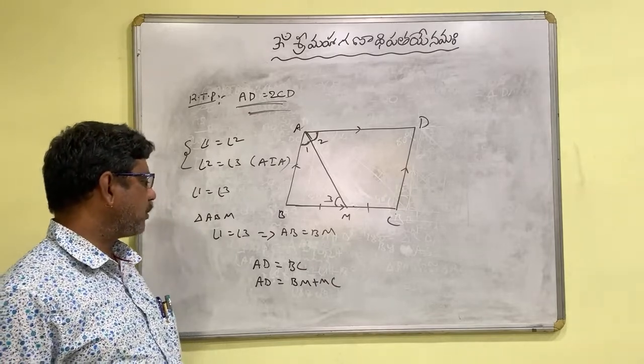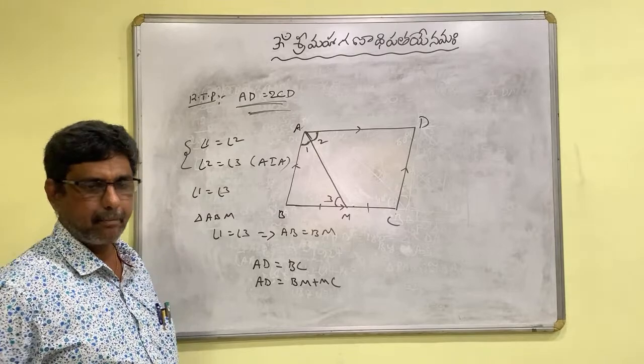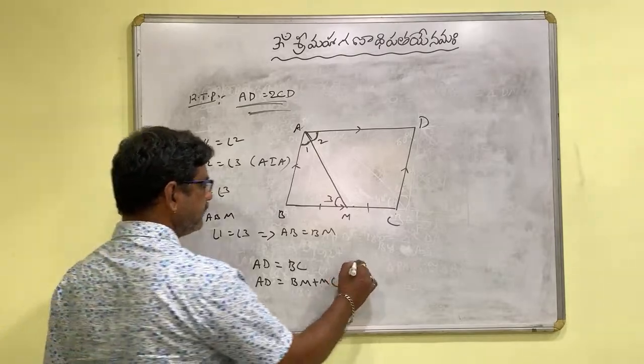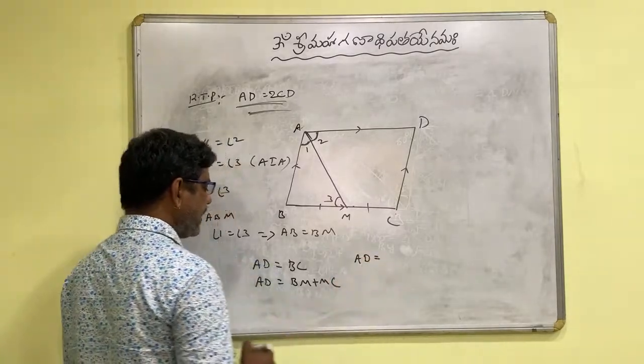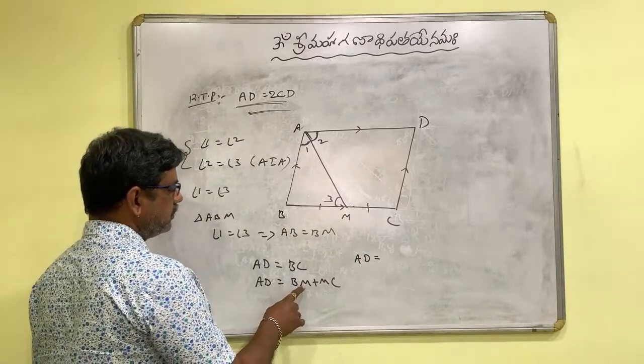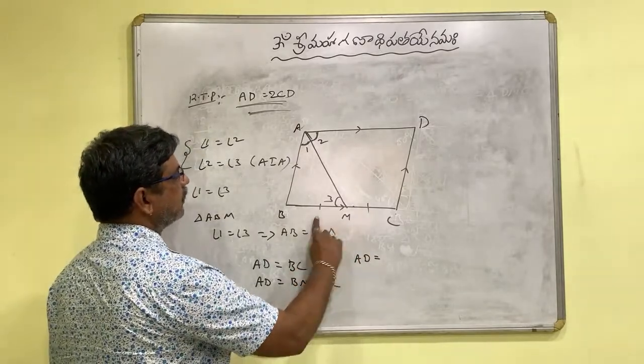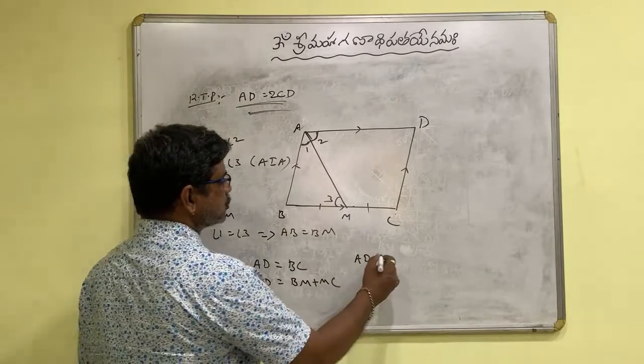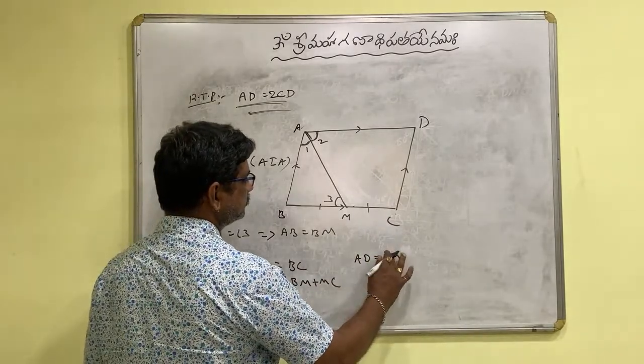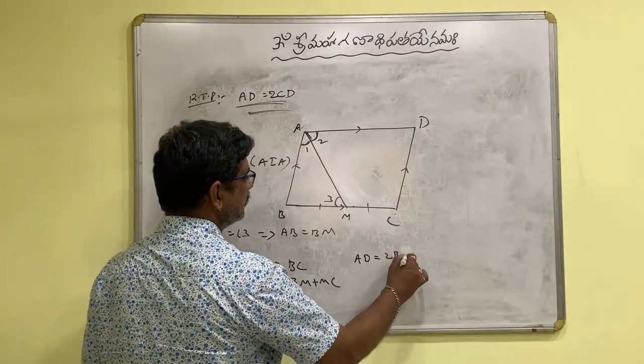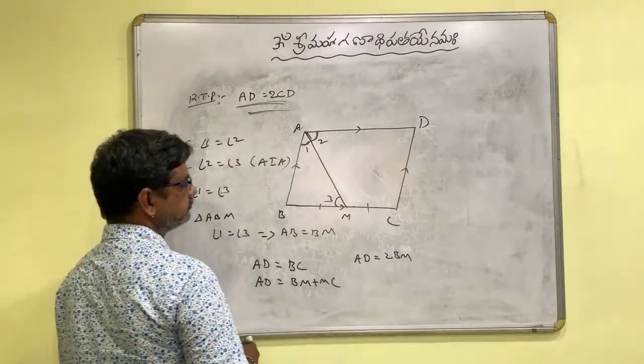So AD is equal to BM plus MC, but AD is equal to BM plus MC, both are equal, so I can take it as 2BM.